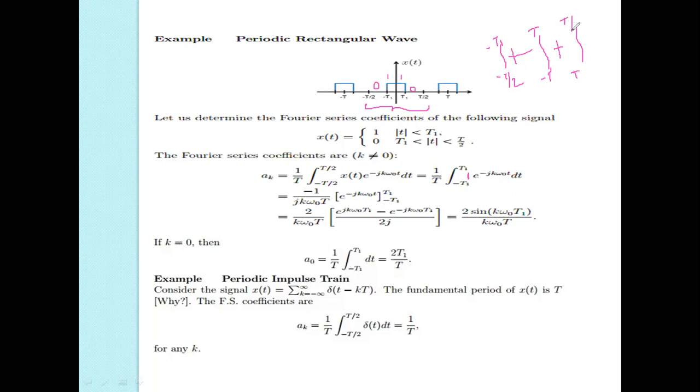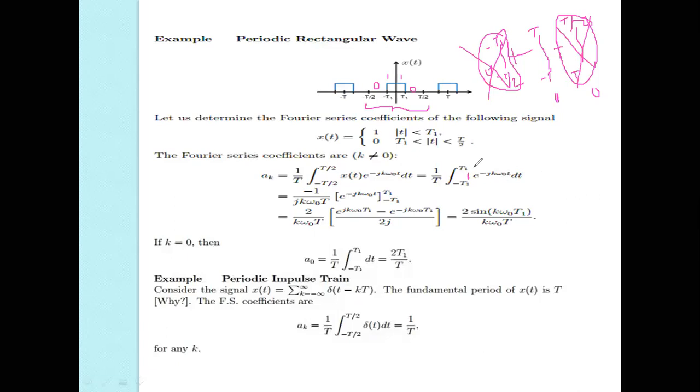There are 3 integrals within this total limitation. The first, minus T by 2 to minus T1, is 0, and for the last integral, T1 to T by 2, is also 0. Only in between minus T1 to T1 is 1. So I'm not taking the remaining 2 parts here because these 2 are zeros. Only we have 1 from minus T1 to T1, 1 into e power minus j k omega naught t dt.